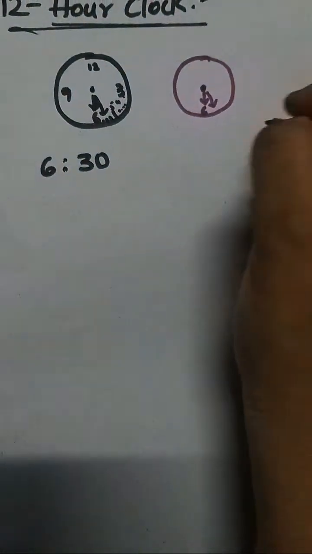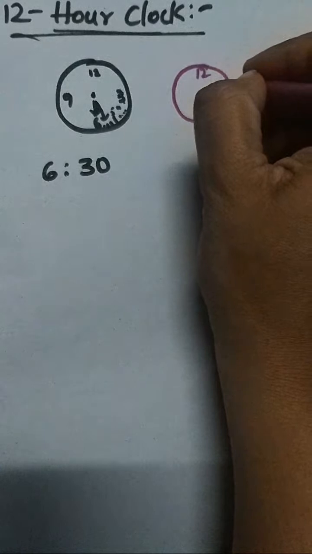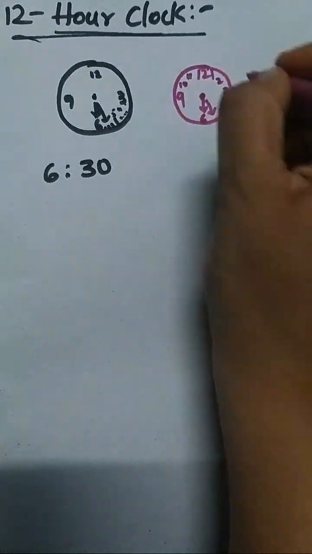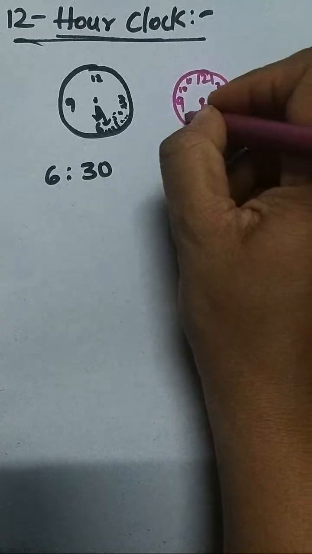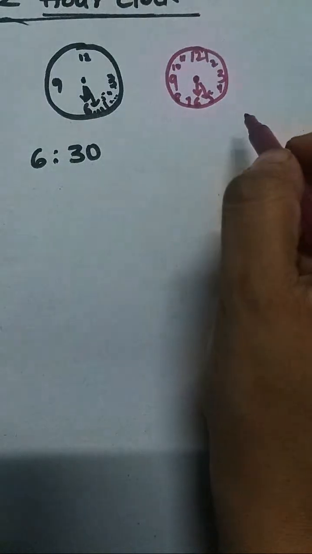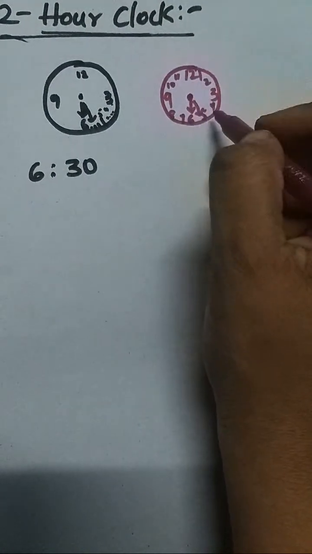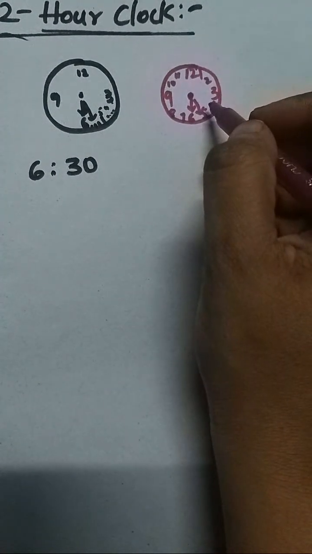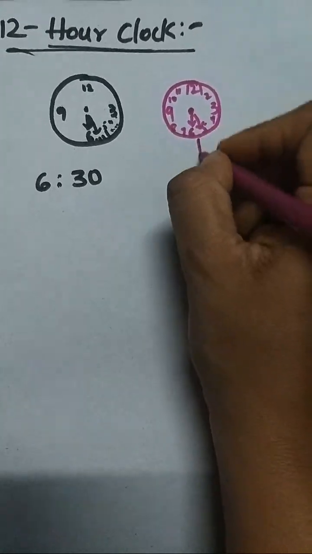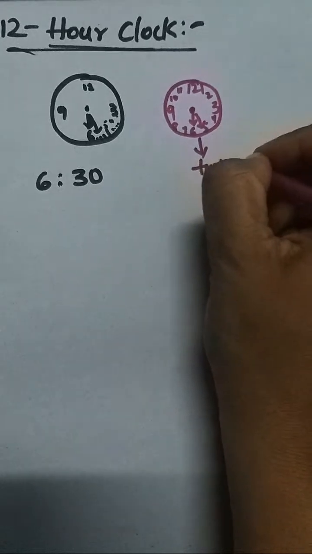Okay, if you have given the clock like this, 6:30 I am taking. In this also 12, 3, 9, 10, 11, 1, 2, 4, 5, 7, 8. In this, two hands of the clock rotate twice. It is the same twice a day.